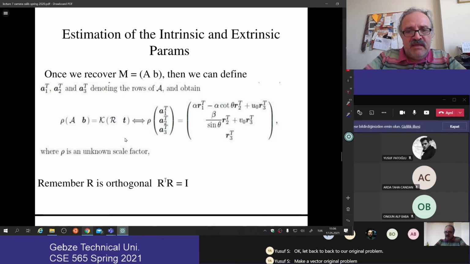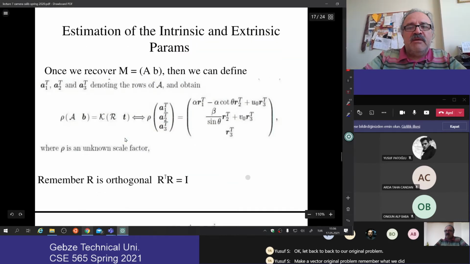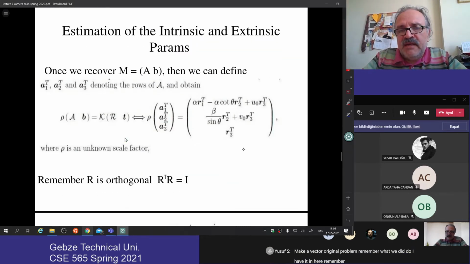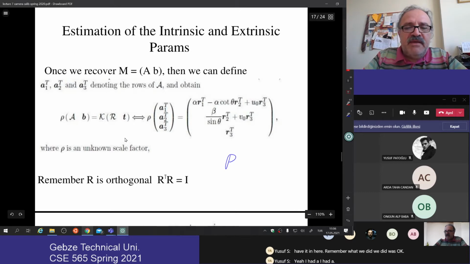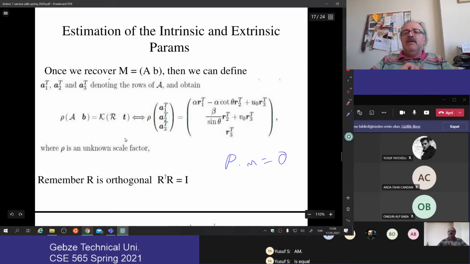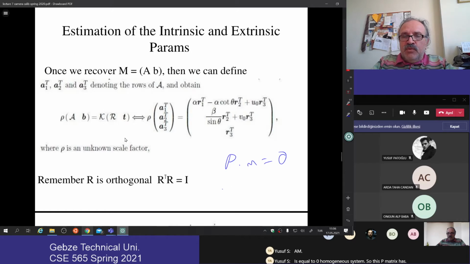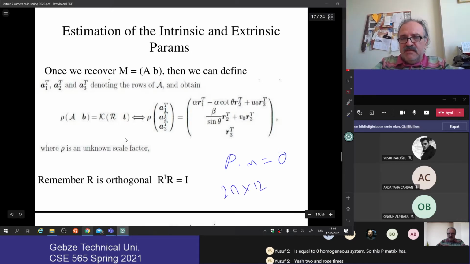Remember what we did? I had a P matrix times M is equal to 0, a homogeneous system. So this P matrix has 2n rows times 12 columns. N is the number of correspondences.